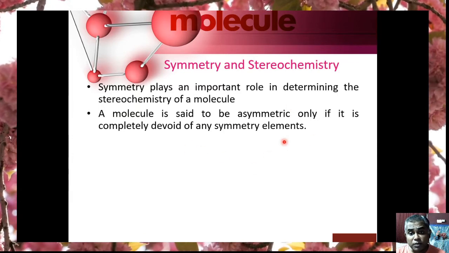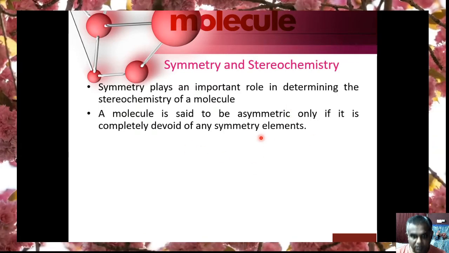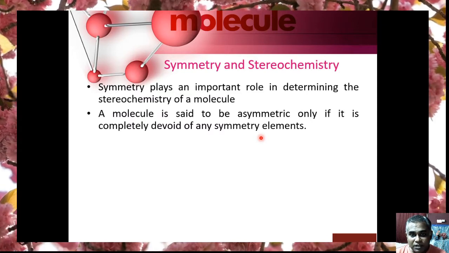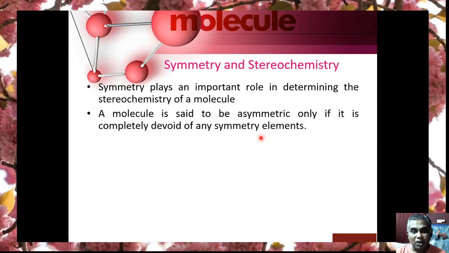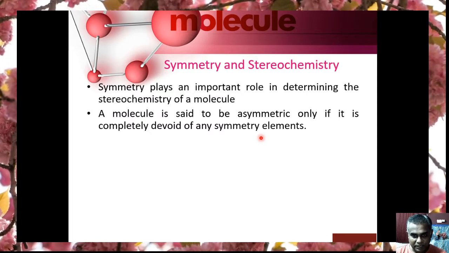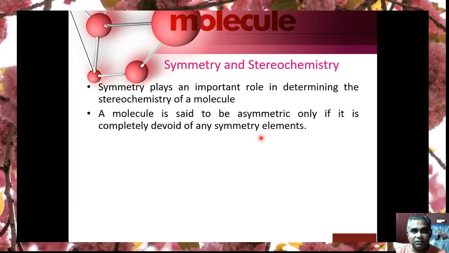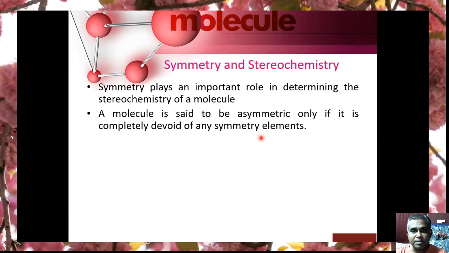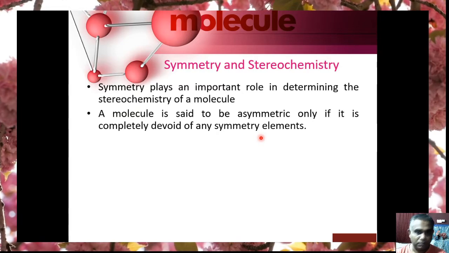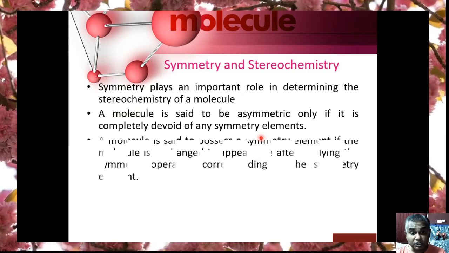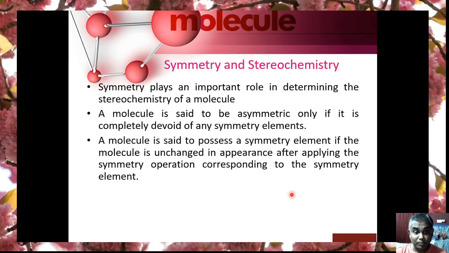Now you can ask me, what is a symmetry element? A symmetry element is a point or an atom or a plane or a line on which some symmetry operation is performed. The next question arises, what is a symmetry operation?